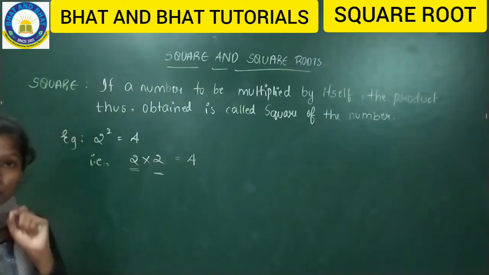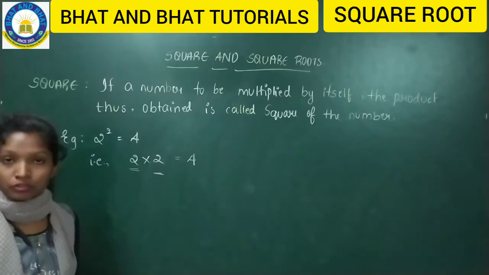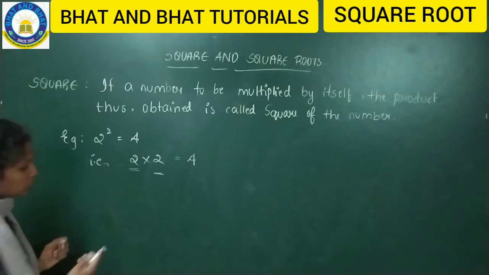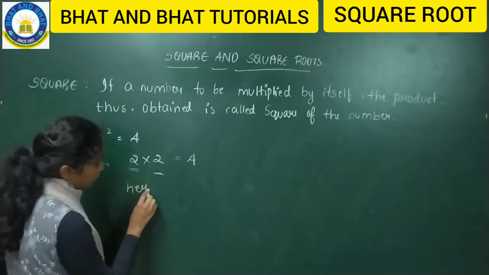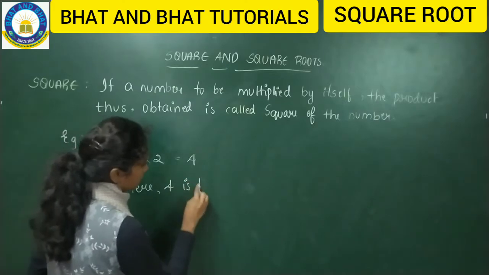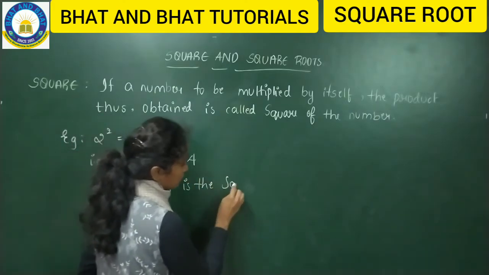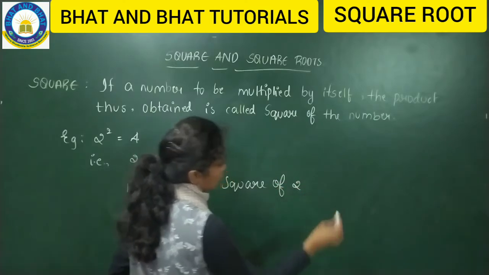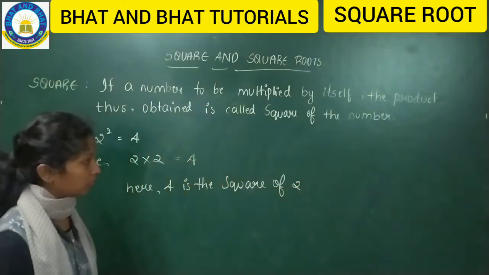That means 2 square is 4, so 4 is the square of 2. This is how we are going to call it.